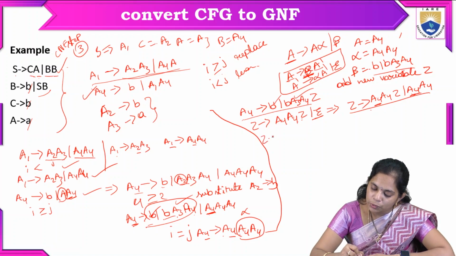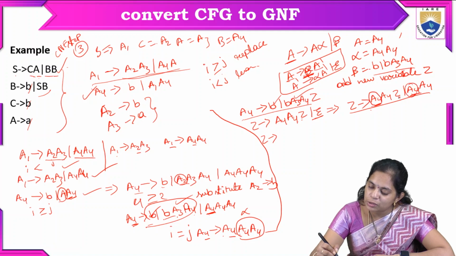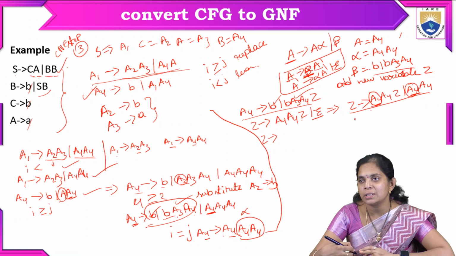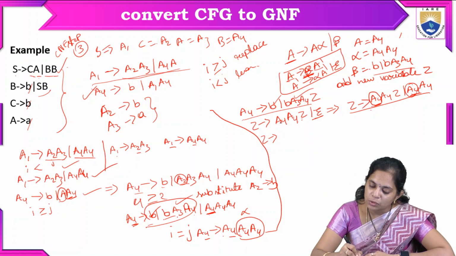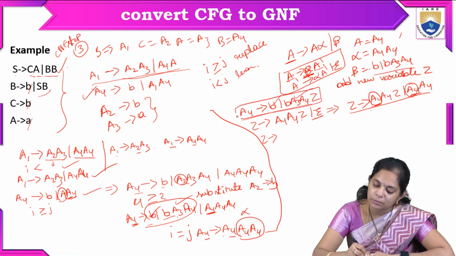So Z tends to A4. Instead of this A4, how to change these two values, in the sense, we need to just substitute the values. So substitute this A4.